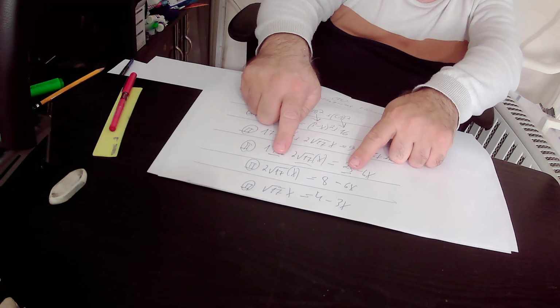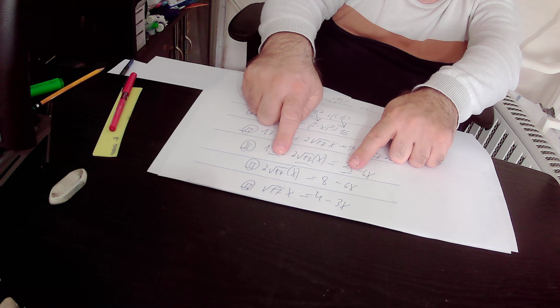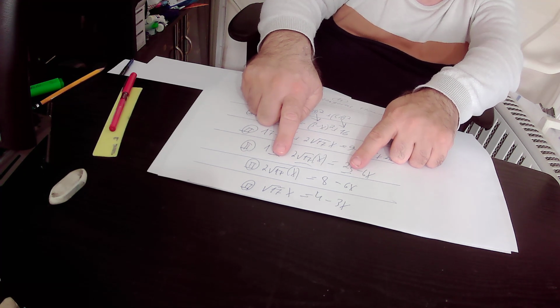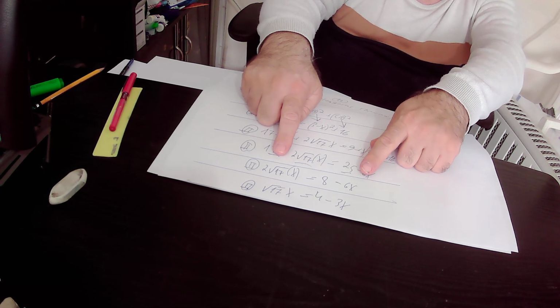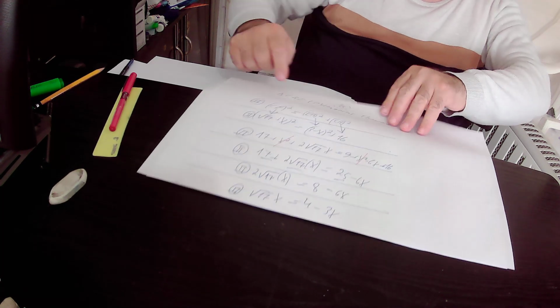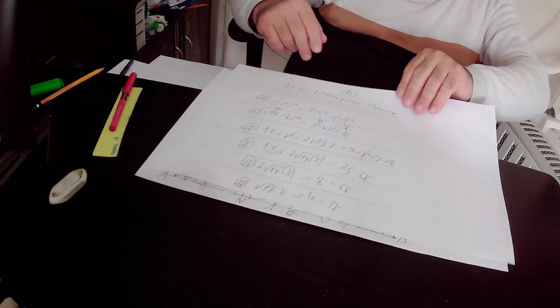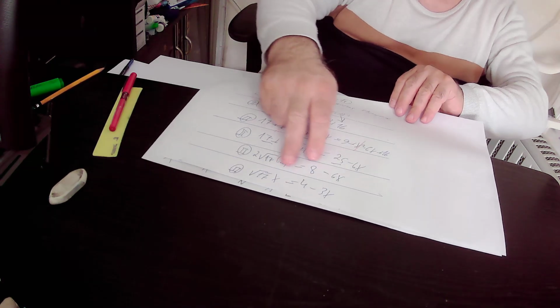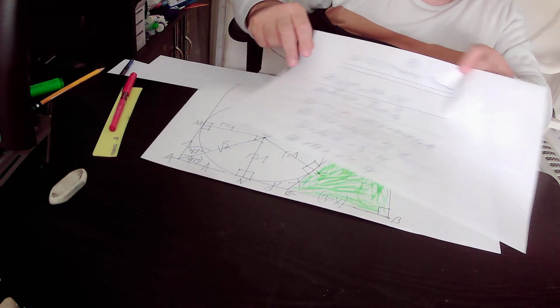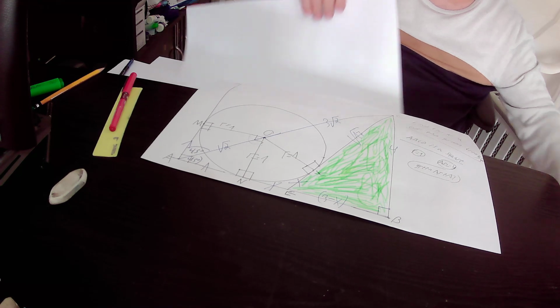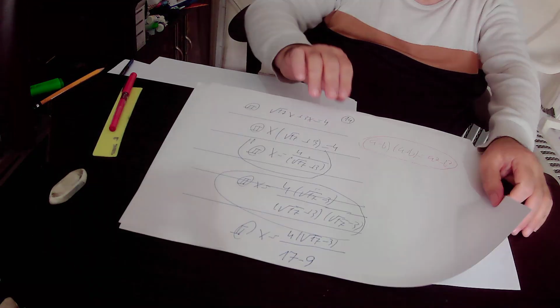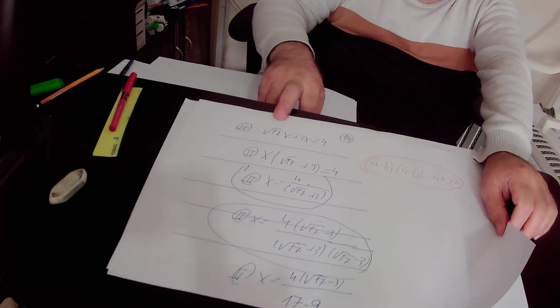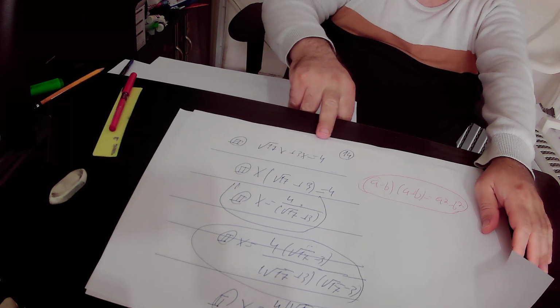Here we divided equation number 2 by 2, and we got that square root of 17 x equals 8 over 2 is 4, and minus 6 over 2 is minus 3x. Here we added 3x to this equation, and we got that square root of 17 x plus 3x equals 4.